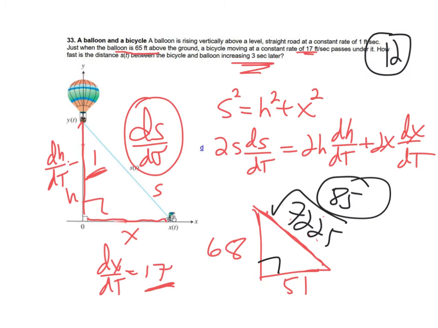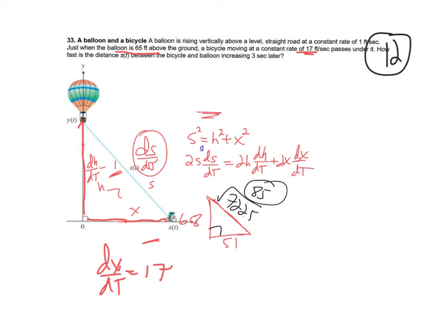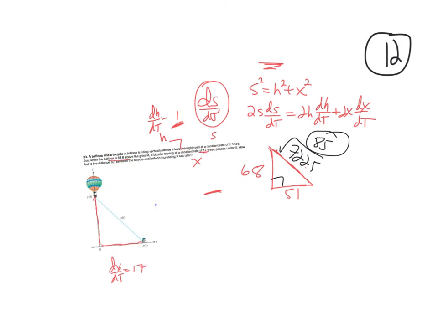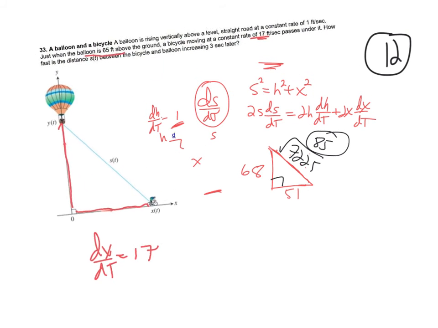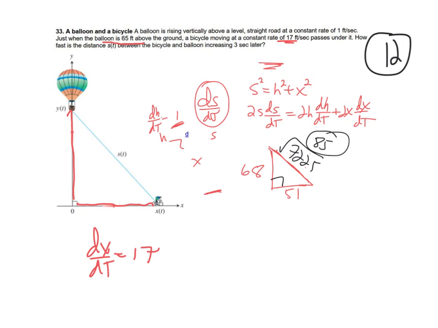Okay, so I think we're ready to cook with gas here. Can we shrink this stuff up a little bit? I don't want to shrink it because I want to be able to read it. So we want to know ds/dt, right? I've got the derivative, so let's substitute in what we know.